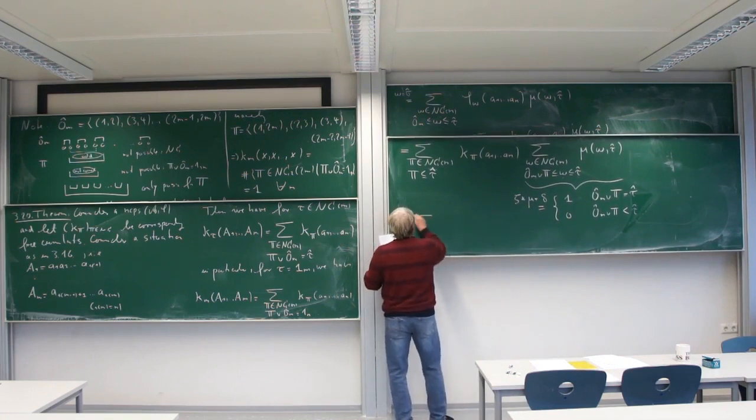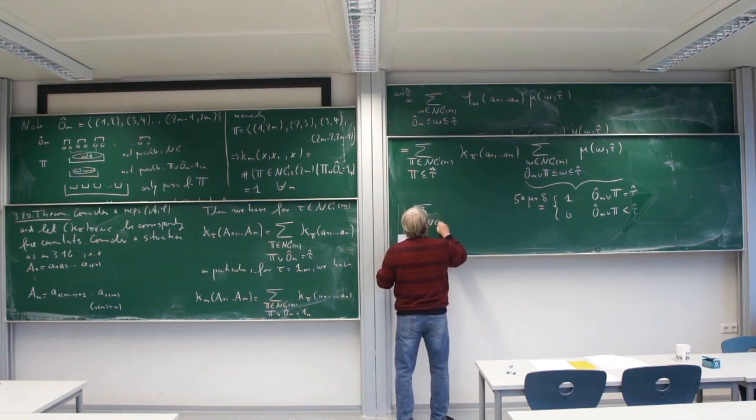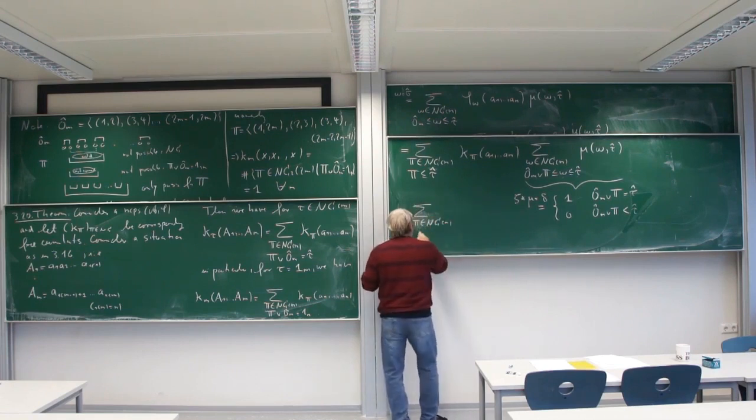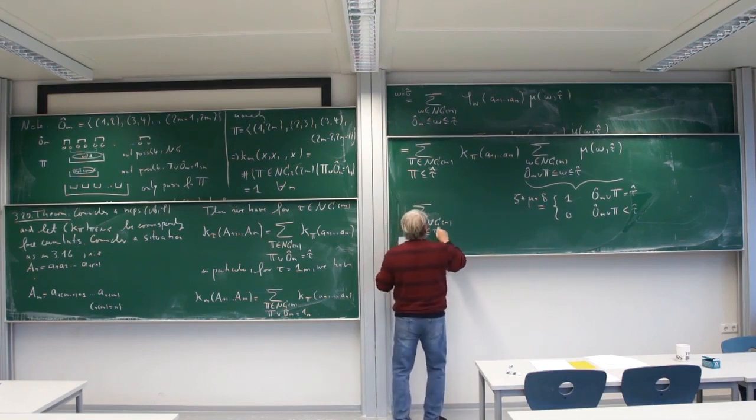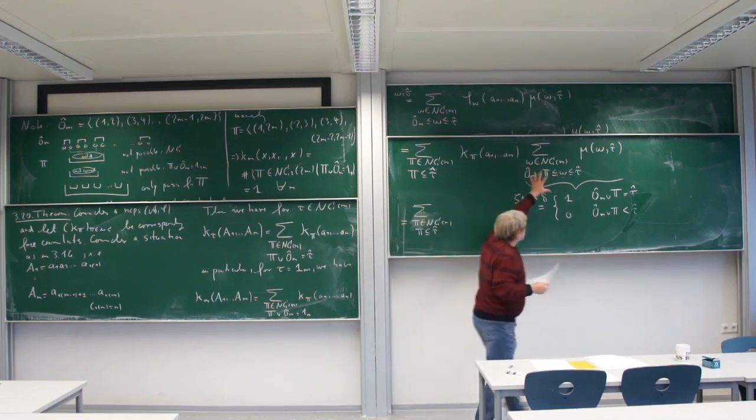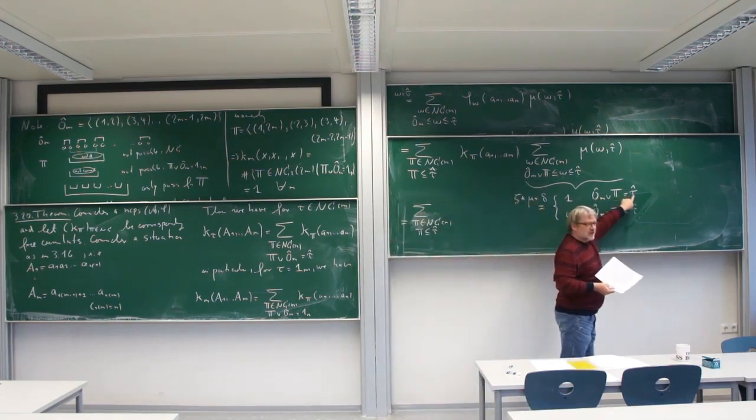Now I'm summing over pi's in NC of n. Of course, I have the condition pi is less or equal tau hat. But now this sum gives me the condition that pi must also satisfy this. Otherwise, I get 0 from this summation.